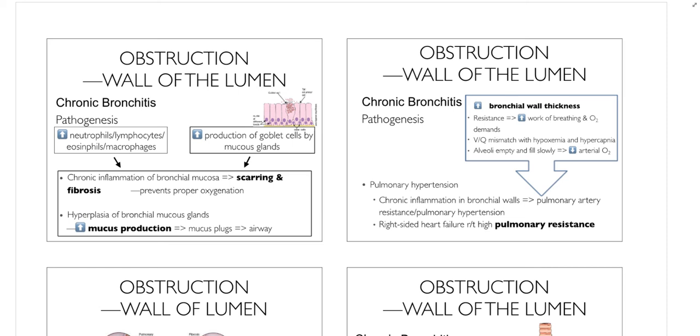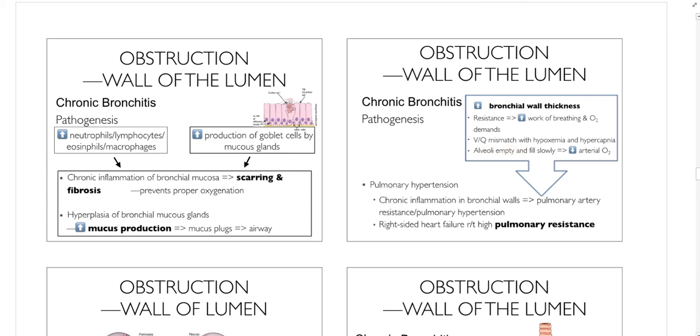We're going to end up with a low VQ mismatch and have hypoxemia as well as hypercapnia because we're not able to even get oxygen in or CO2 out because we have all this gunk, this mucus, as well as the scarring and fibrosis inside the lungs that make it really difficult to get anything in or out.